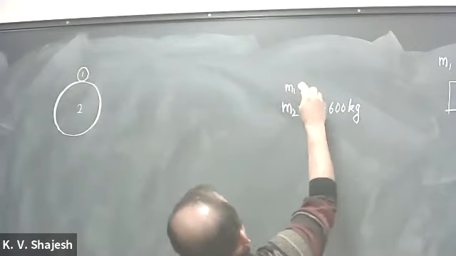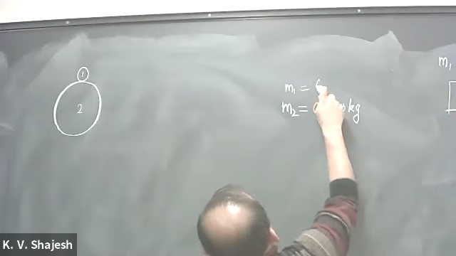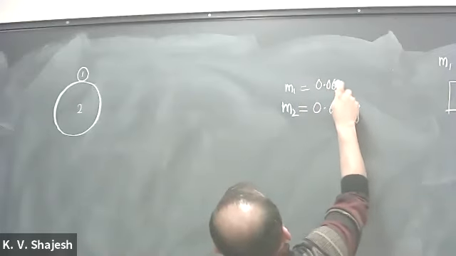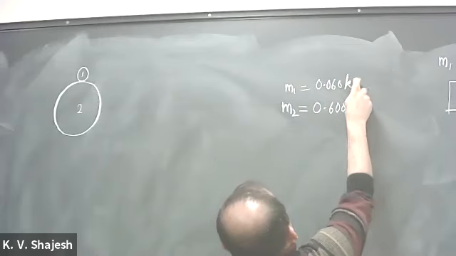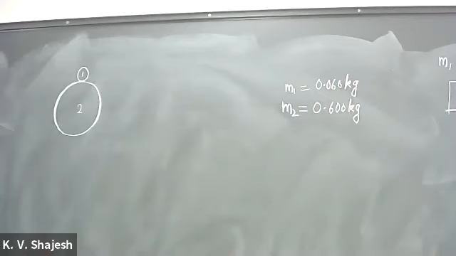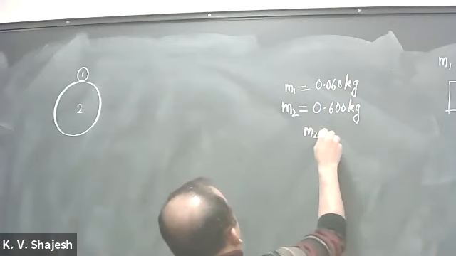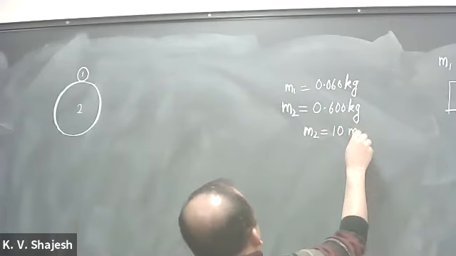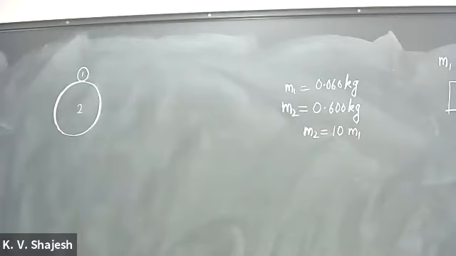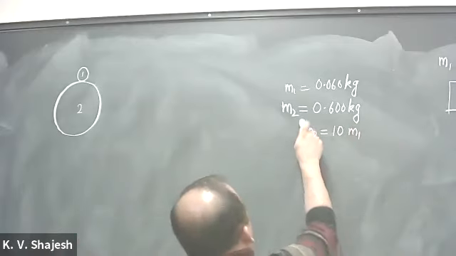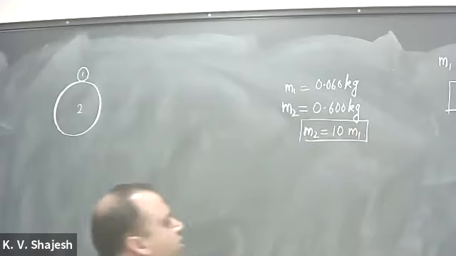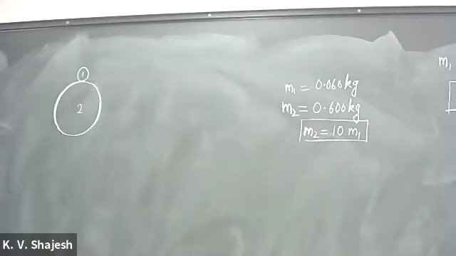And a tennis ball typically turns out to be approximately 10 times smaller. It's about 0.060. So clearly, M2 is equal to 10 times M1. That's what we want to keep track of. So earlier we talked about very large masses, very small masses. It's in that range. M2 is significantly larger than M1.